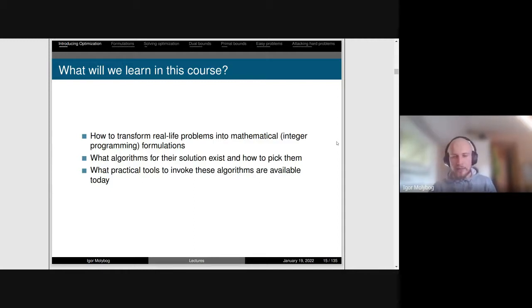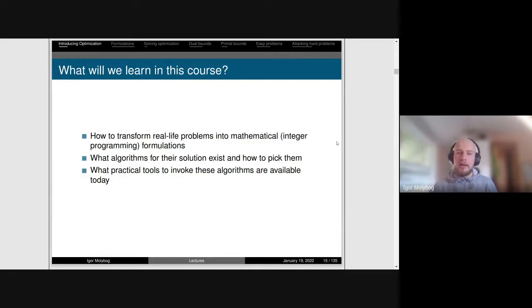I would say that the first part, where you formulate the problems, and the third part, where you solve them, are the most important parts for practical use. They are more of a routine task, and the second part, the theoretical part, is more complicated.